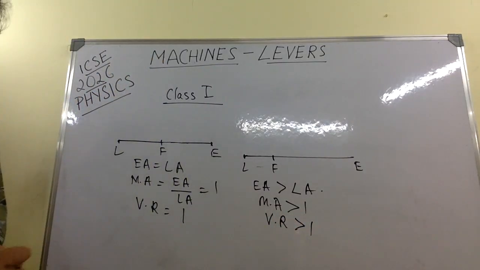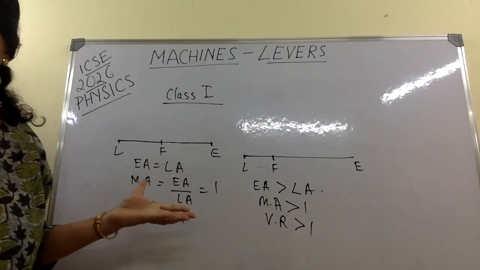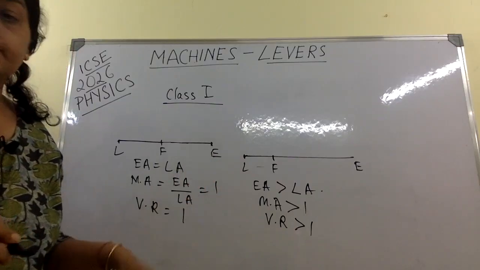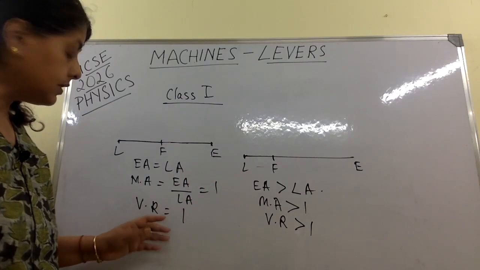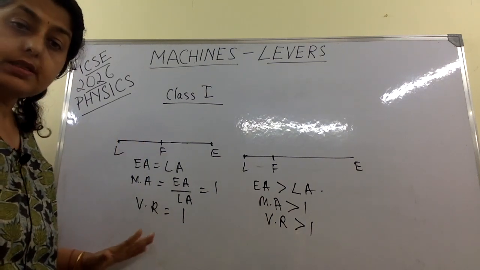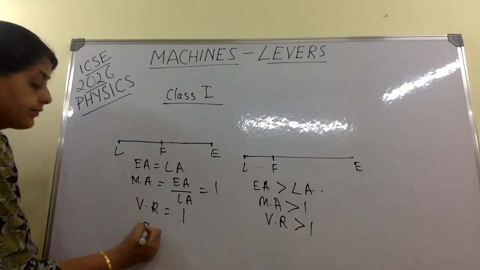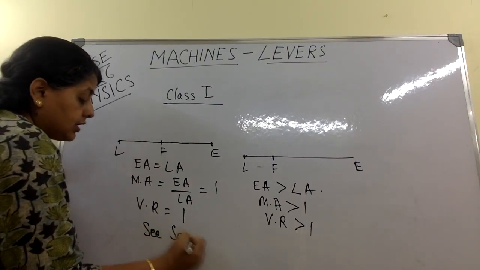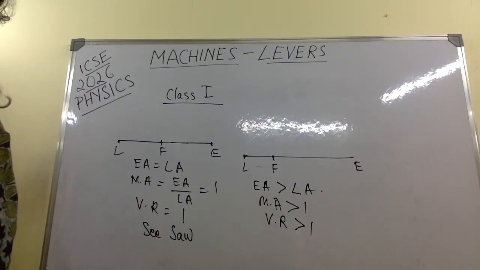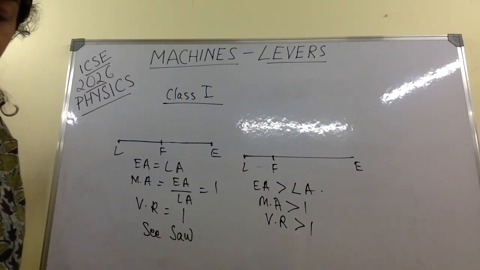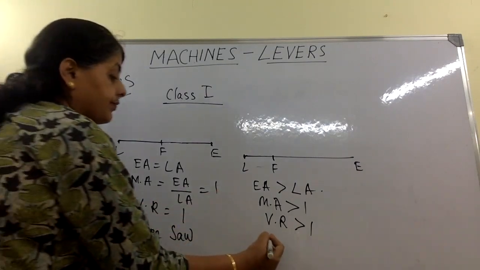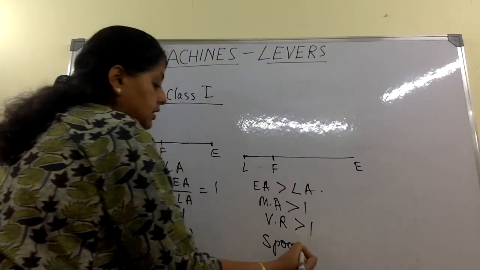What you have to do is learn a few examples of these. Right at the center, it can be a seesaw. So you should learn one example each; we get 3 examples of class 1. Then, effort arm bigger than load arm, it can be a spoon.